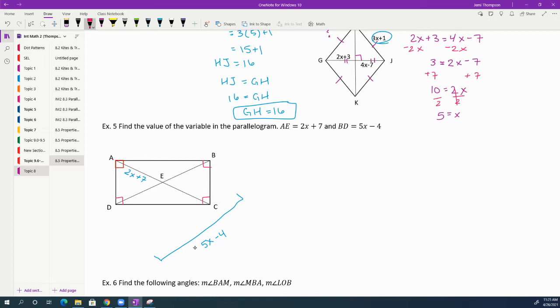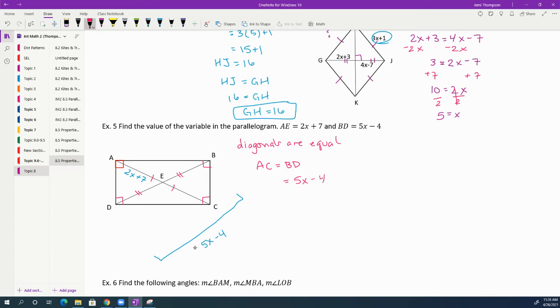Things I know about rectangles and squares and rhombus, any parallelogram, is that the diagonals get bisected. But for rectangles and squares specifically, the diagonals are equal. So AC is equal to BD. Now I know what BD is. I know BD is 5x minus 4.